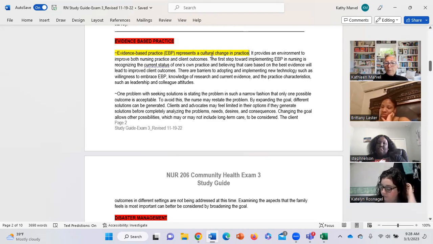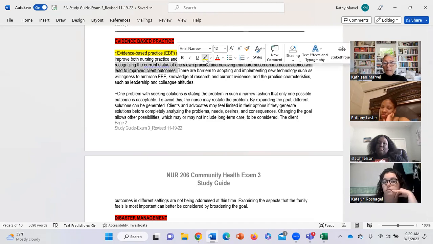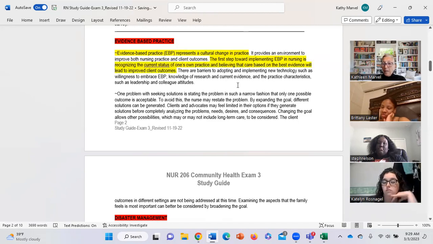So one of the first steps toward implementing or being on board with evidence-based practice is knowing how you feel about your own practice, and accepting evidence-based practice as, yes, I will step up and change my behavior, change my practice based on the new evidence, the best evidence that will lead to improved outcomes.